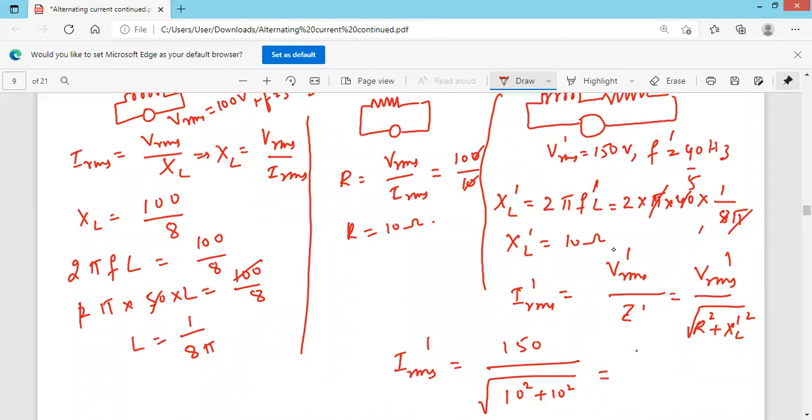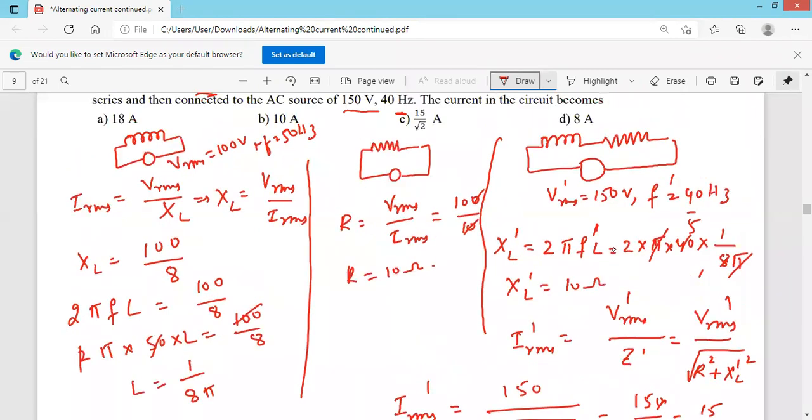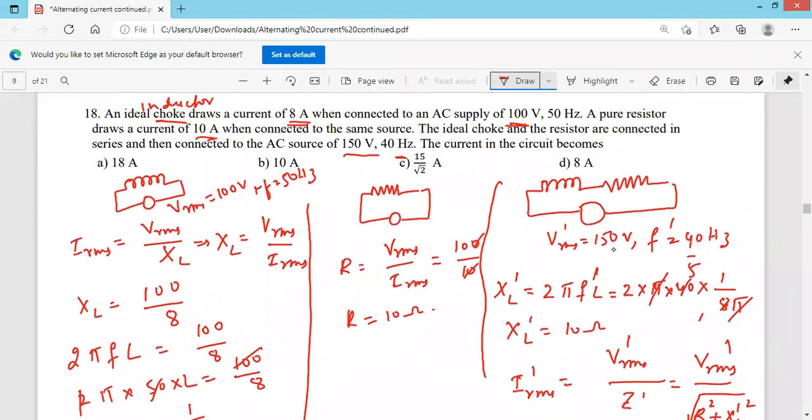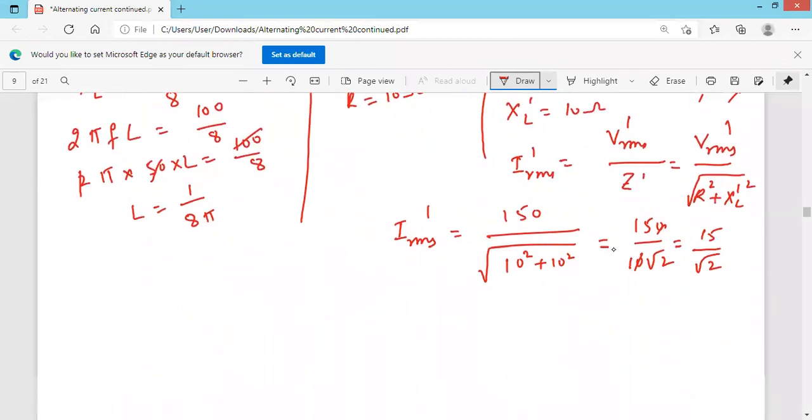So it's 150 divided by 10 root 2. The zero cancels, giving 15 by root 2. The current in the circuit is 15 by root 2. Option C.